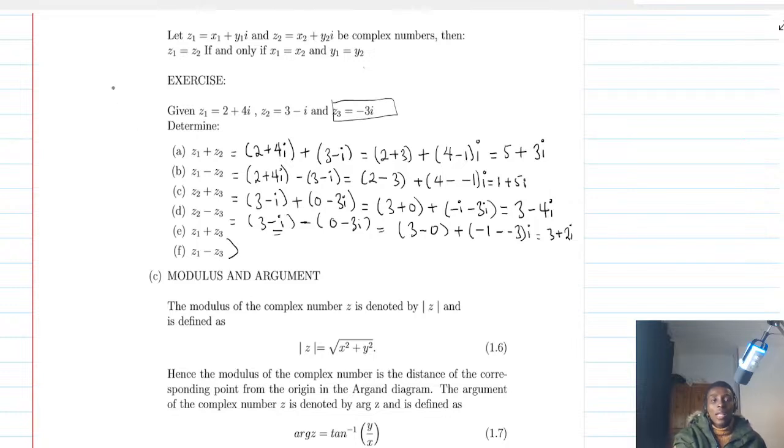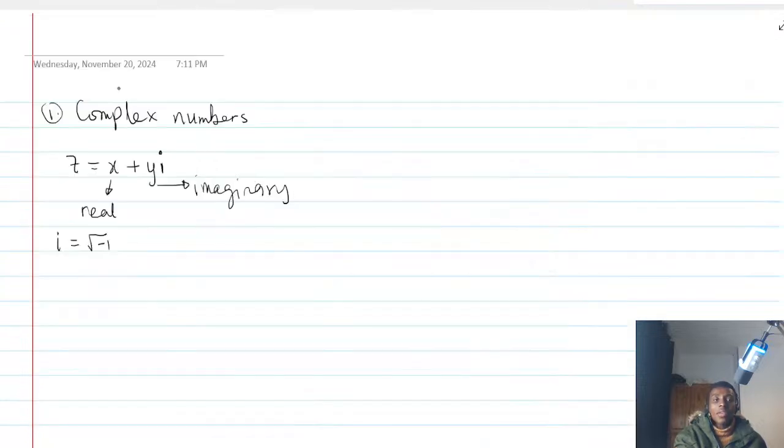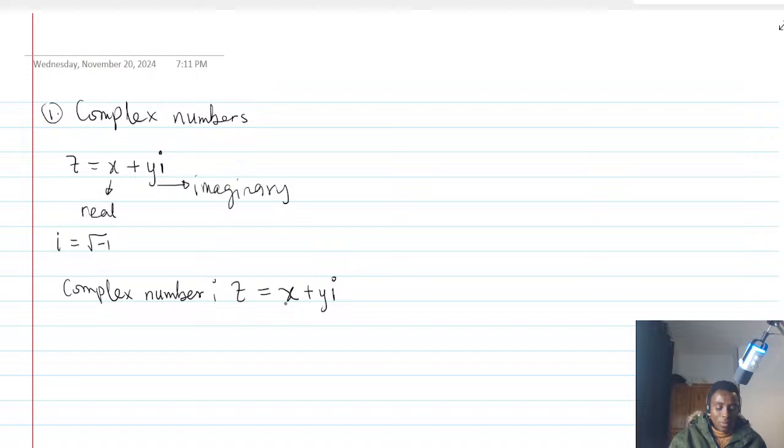Okay, so now let's look at the modulus and then the argument of a complex number. Whenever I have a complex number, I can write the complex number z as a real part and then what? An imaginary part, right? Okay.